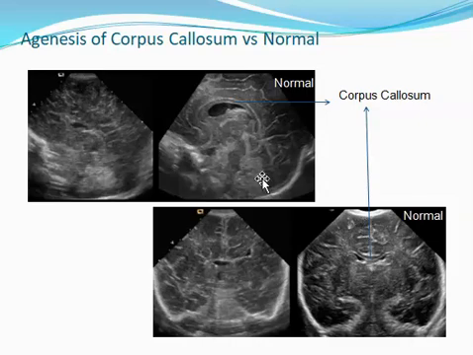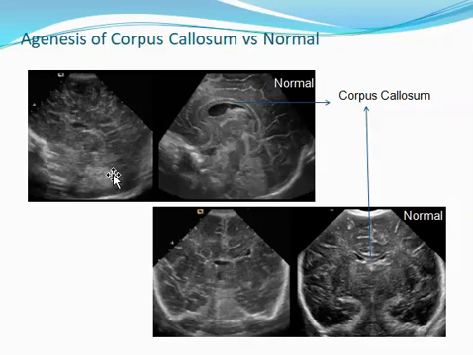If you look at over here, this is the agenesis of the corpus callosum. I'm just putting this normal image where you can identify the difference between the two. So this is normal, this is normal, this is normal and this is normal, but this is the abnormal.